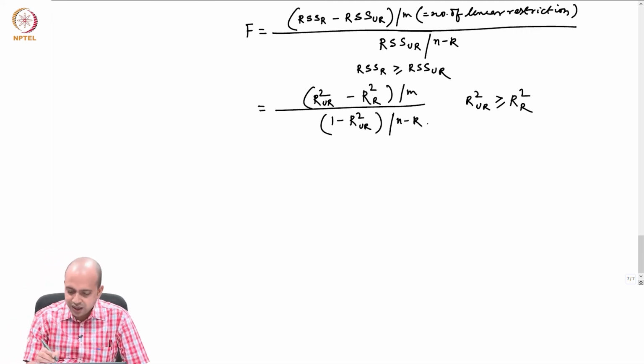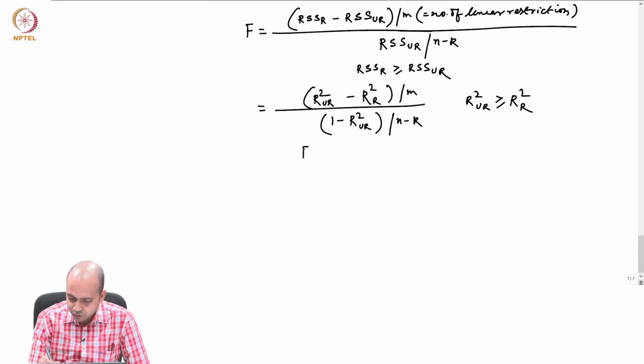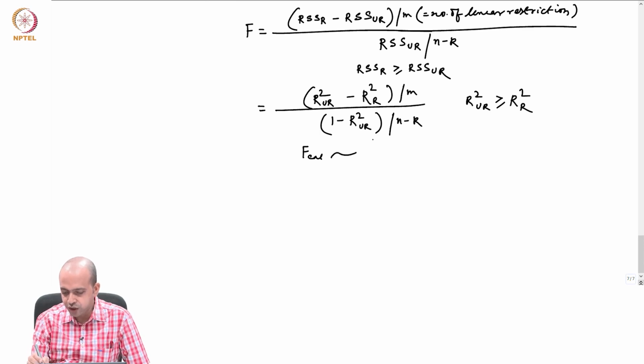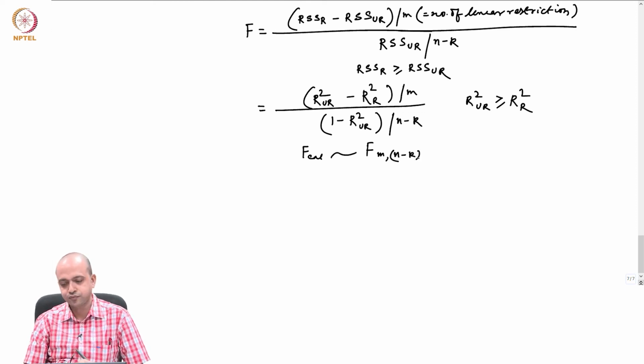Okay. And then again this will give you F calculated, which will follow an F distribution. What would be the degrees of freedom? M for the numerator and N minus K for the denominator. Okay.